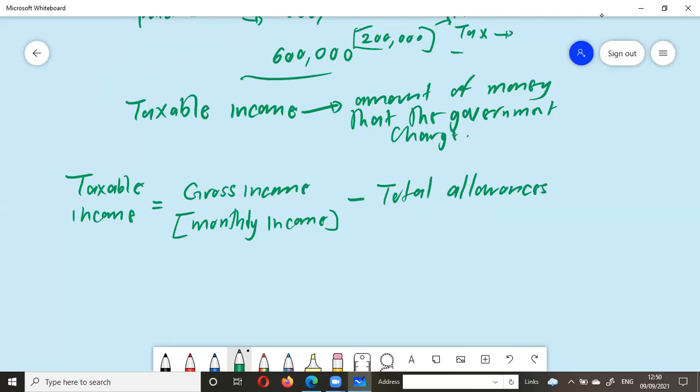When I say gross, this is per year, what you earn per year, and total allowance, this is per month. So it depends on what you are dealing with. Are you paid per year? Are you paid per month? After this, the amount you get is what you call the taxable income.